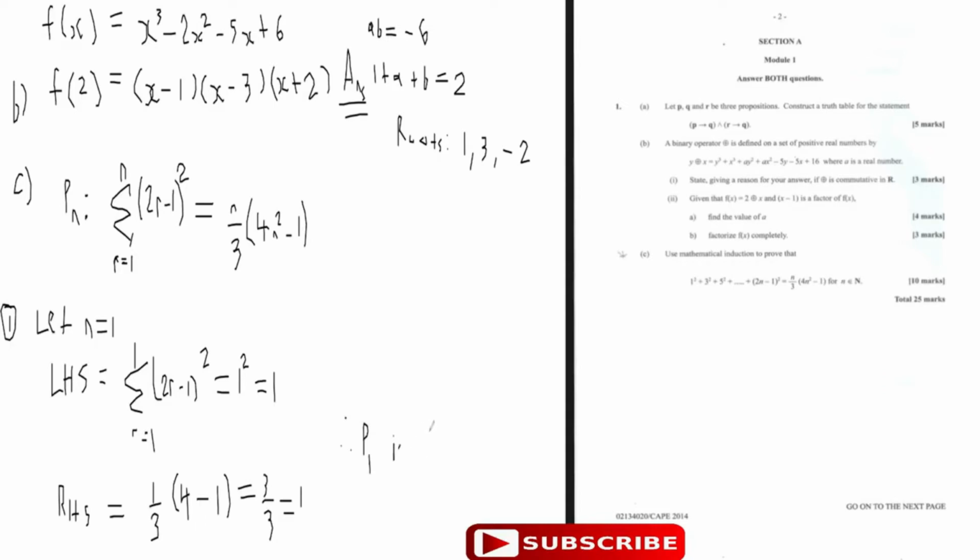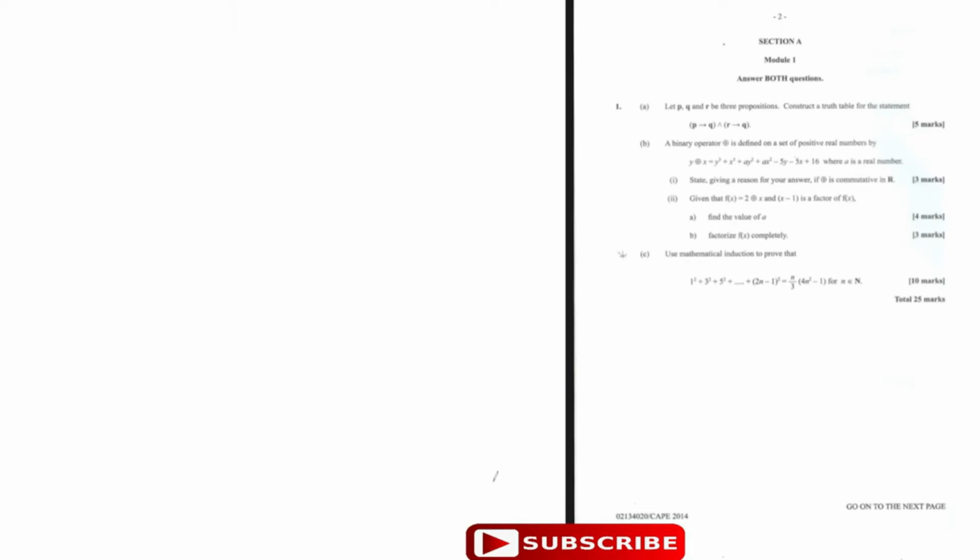So P1 is true. Now we need to assume Pn is true. So that's step 2: let n equal k.